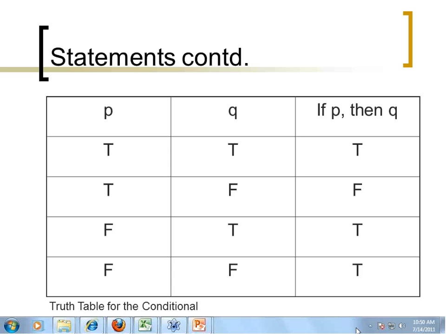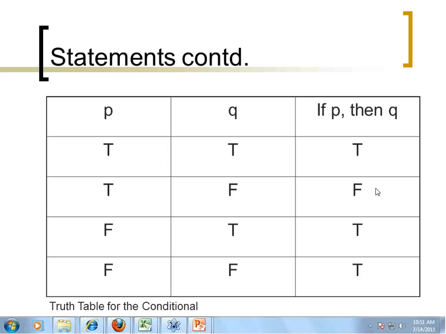Okay, now for the sake of Ruth who asked, let's go over the truth table for the conditional. These are the headings, P, Q, then if P, then Q, right? P is true, Q is true, then it will automatically take the Q, which is true, right?